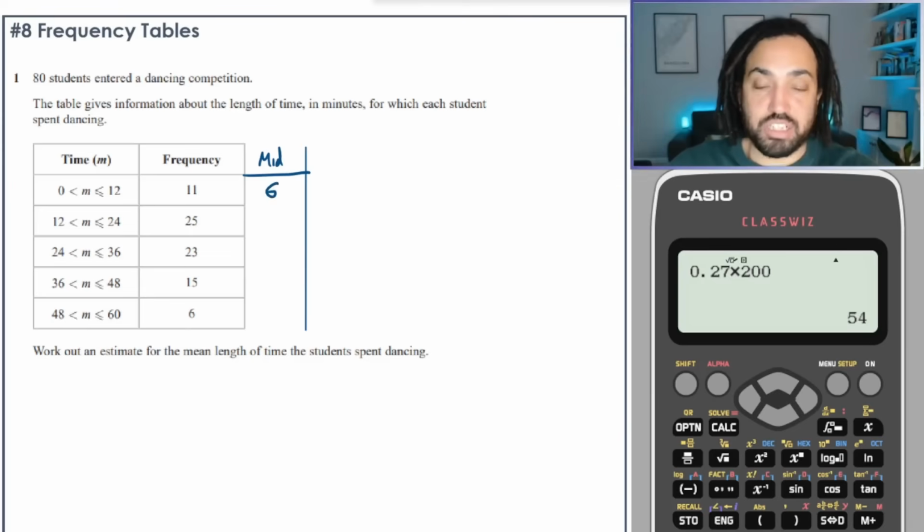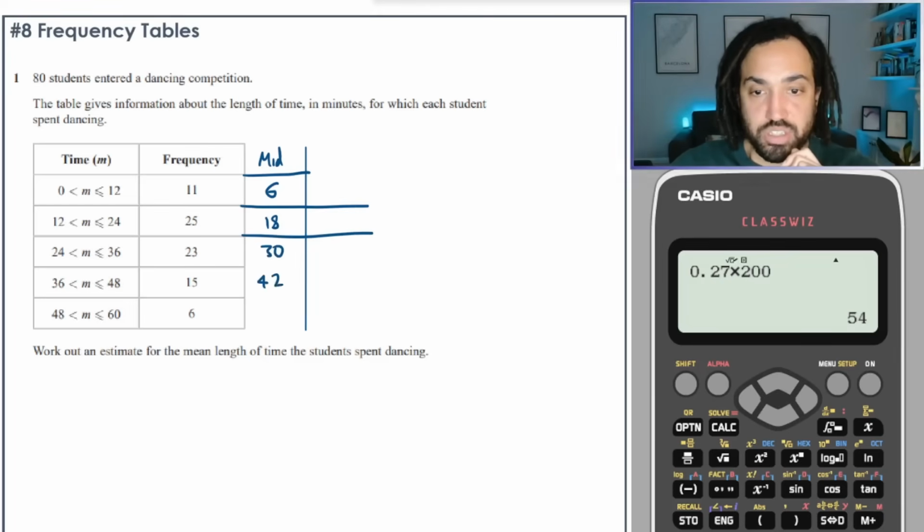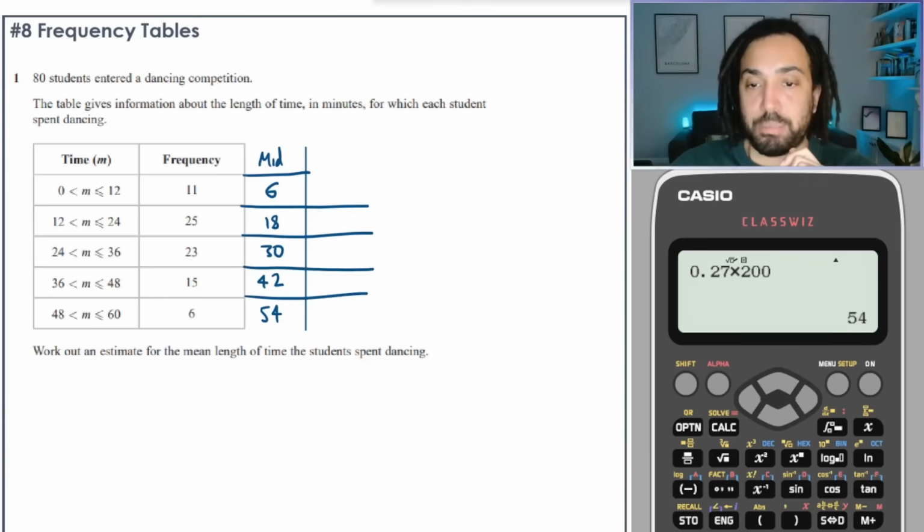So here it's going to be 6 because it's halfway between 0 and 12. The next one is going to be 18 because that's halfway between 12 and 24. This next one will be 30. This one will be 42. And this one will be 54. Okay, nice and neat there.